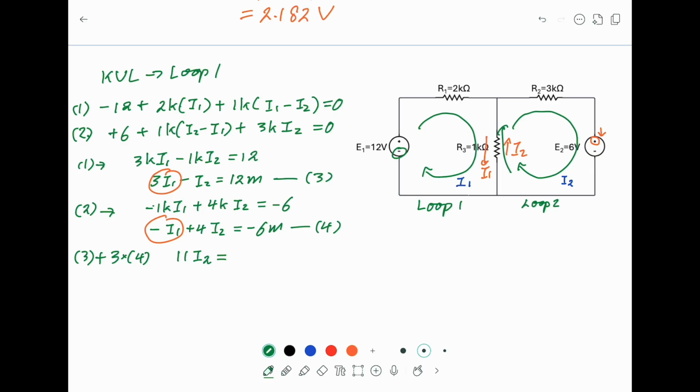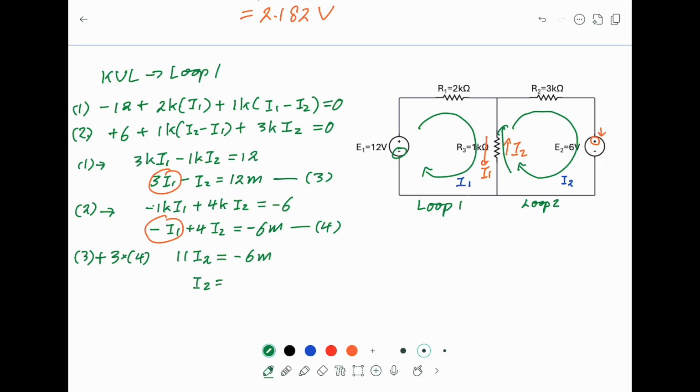For the other side, we have 12m plus 3 times minus 6m. So we have 12m minus 18m, so we have minus 6m. So 11 I2 equals minus 6m.